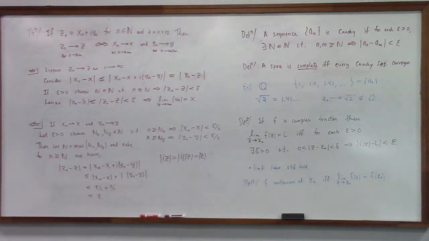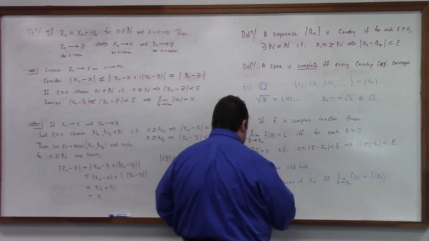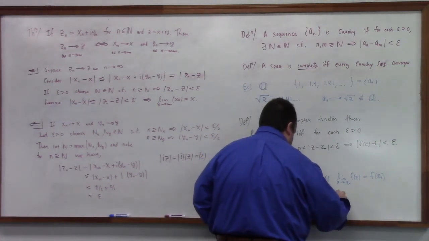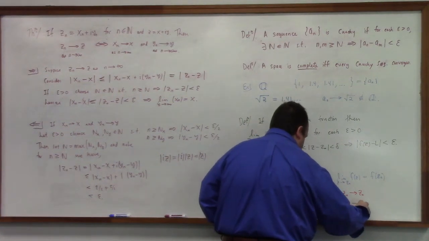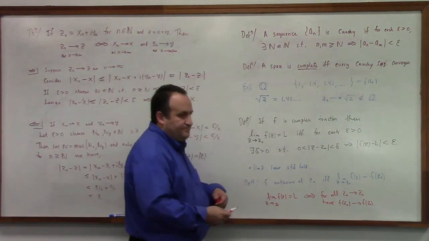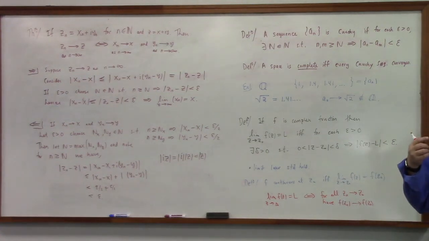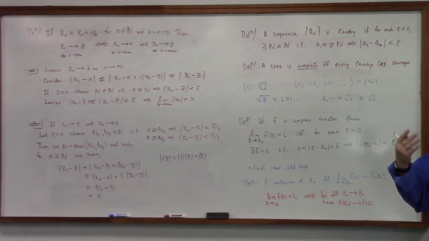There is a connection between the world of sequential limits and the world of epsilon-delta limits, and that is given by Lemma 2.1.17, which says, and this is sometimes useful, the limit of f of z is equal to L as z goes to z naught if and only if for all z_n going to z naught we have f of z_n going to L. In other words, if you could find two different complex sequences converging to a given point z naught such that the values of the function converge to different things, or didn't converge to f of z naught, it's not continuous.